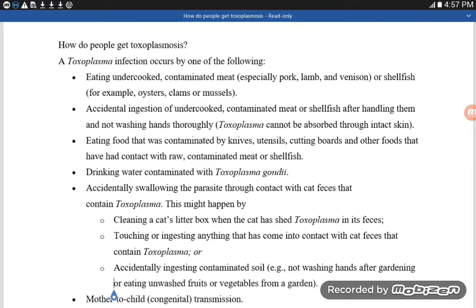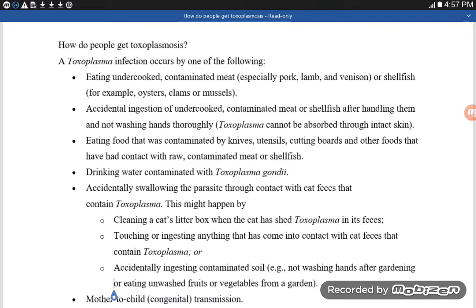If we use them for meats or shellfish, we have to wash them thoroughly.